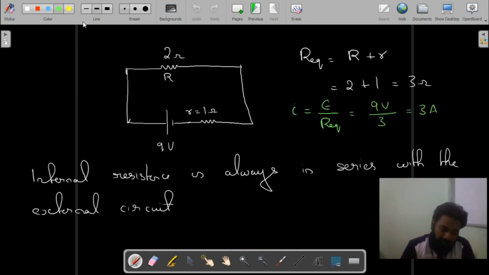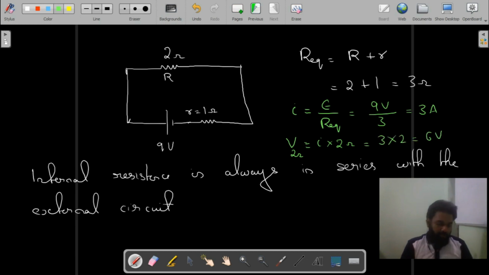Same way, if we take the voltage across 2 ohm, this is equal to I into 2, so 3 into 2, we are getting 6 volt. Clear? Hope you understood. So when internal resistance comes, all the values have changed. Who had taken that 3 volt, everything came into the picture.